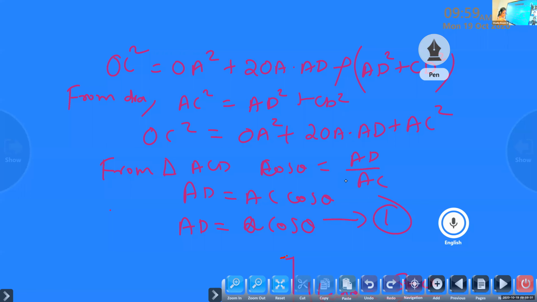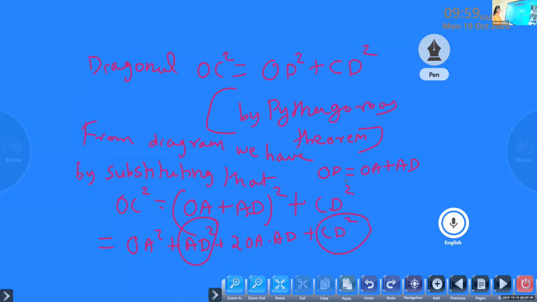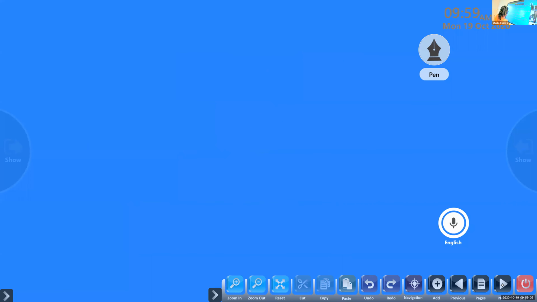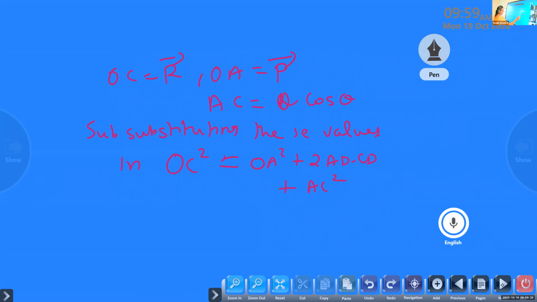Let us go back to the previous equation we have solved: OA squared plus 2 AD CD plus AD squared plus CD squared.